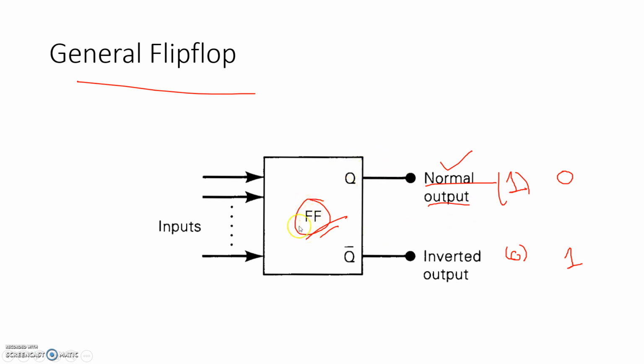The memory block is generalized as flip-flop, but basically there are two types of memory block: one is the latch, another one is the bistable multivibrator. The names may be difficult, but when I discuss them later, you will find it very easy.